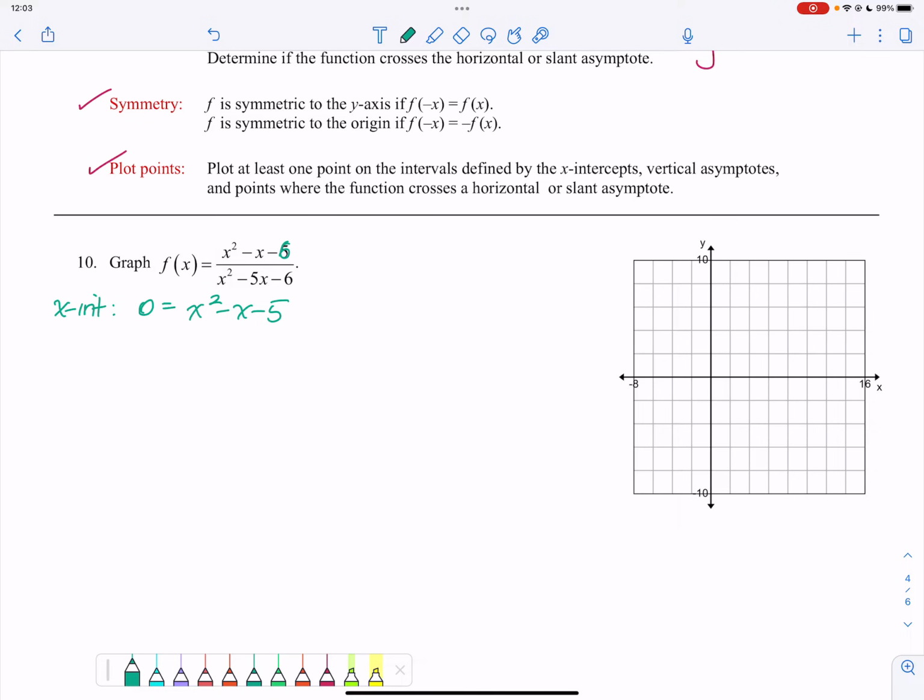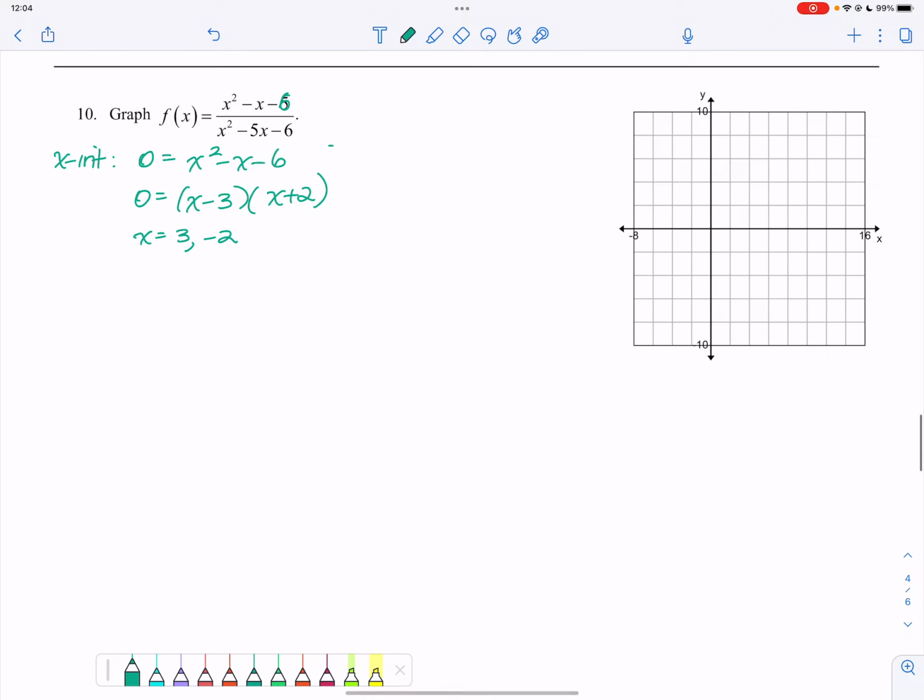Okay, so now if we have this set equal to 0, we have x minus 3 multiplied by x plus 2. And so we have that x is equal to 3 and negative 2. And so these points here are (3, 0) and (-2, 0).